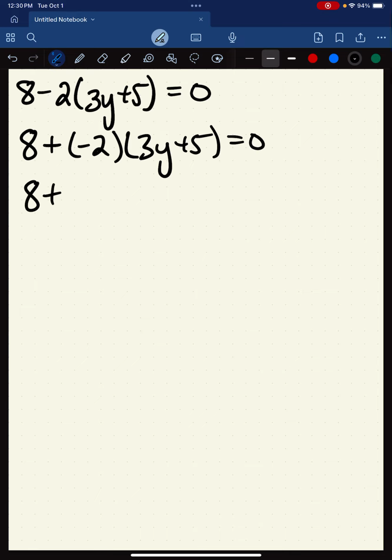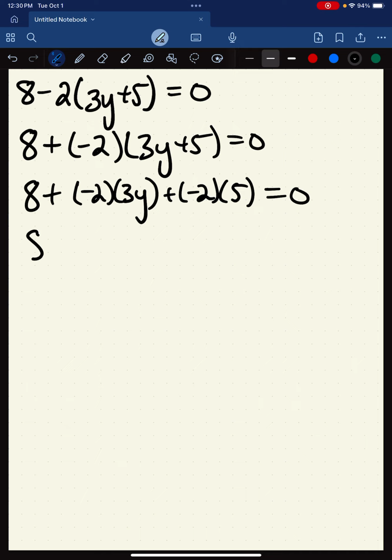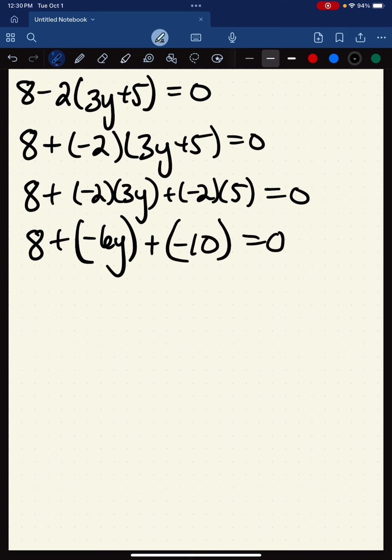Now we can use the distributive property. We get negative 2 times 3y plus negative 2 times 5. Negative 2 times 3y gives us negative 6y, and negative 2 times 5 gives us negative 10.